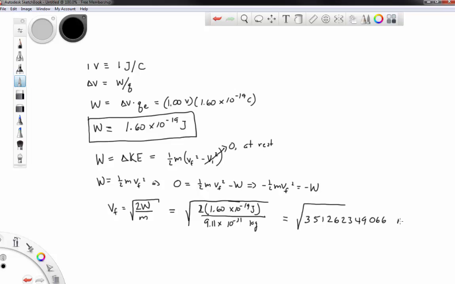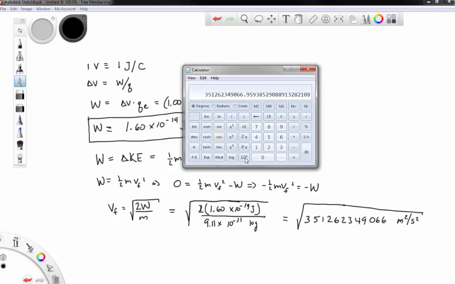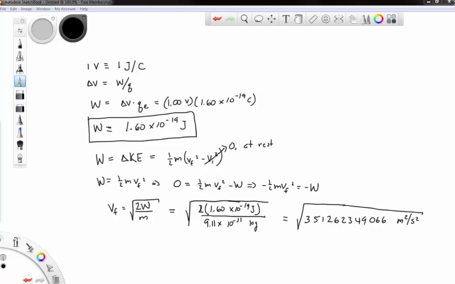3512623490066, and if you do some unit analysis, you get meters squared per second squared. Okay, so now we take that number and we take the square root of it, and we end up with 592,673.9.